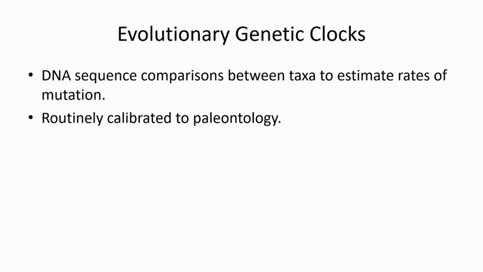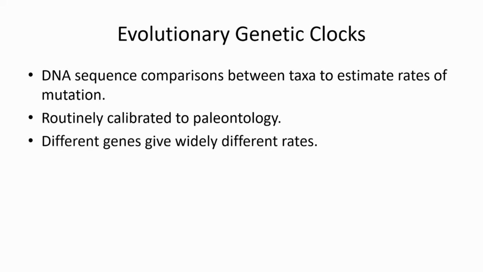And the reason they have to constantly recalibrate them is because they don't match. Different genes give widely different rates. So if you calibrate one set of genes according to paleontology, you find when you come to the next set of genes that they don't match at all. So then that has to be recalibrated.